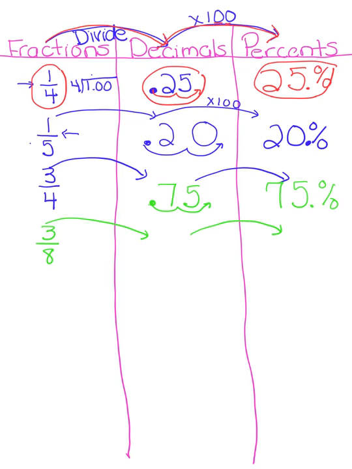You should have gotten 0.375, 375 thousandths. As we multiply by 100 to convert it to a percentage, we see the decimal will only move 2 places. So we get 37.5%. It's a decimal percentage.